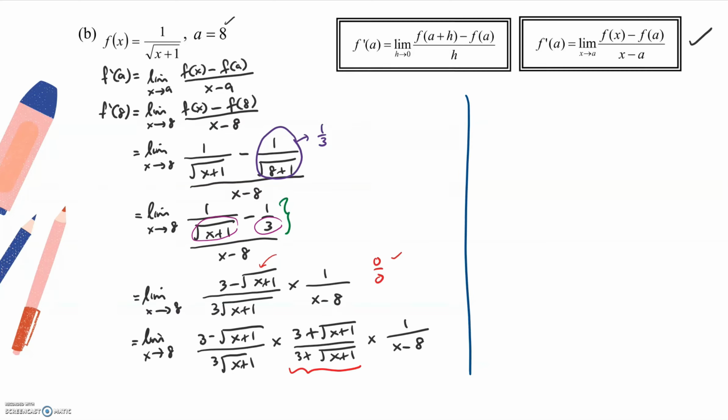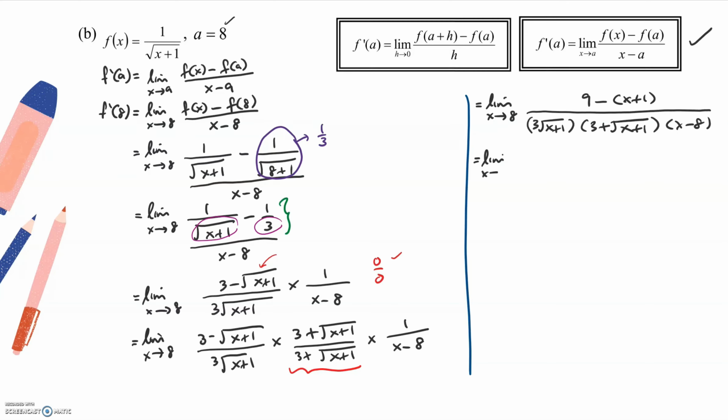Now we are going to expand the numerator. In order to cancel x minus 8 at the denominator, we can factorize negative at the numerator.